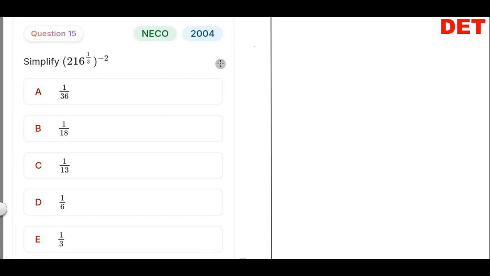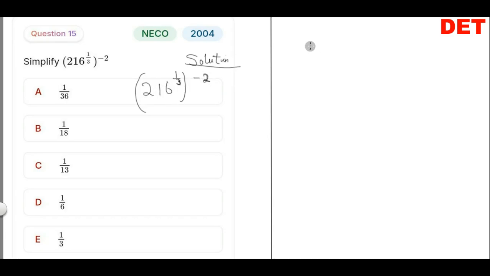The question here is to simplify 216 raised to the power of 1 over 3, in brackets, raised to the power of minus 2.